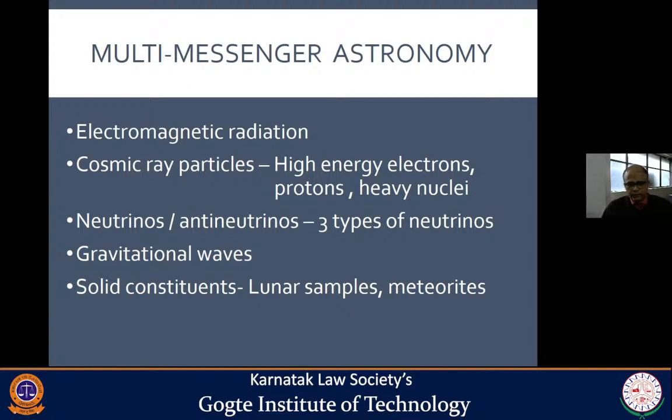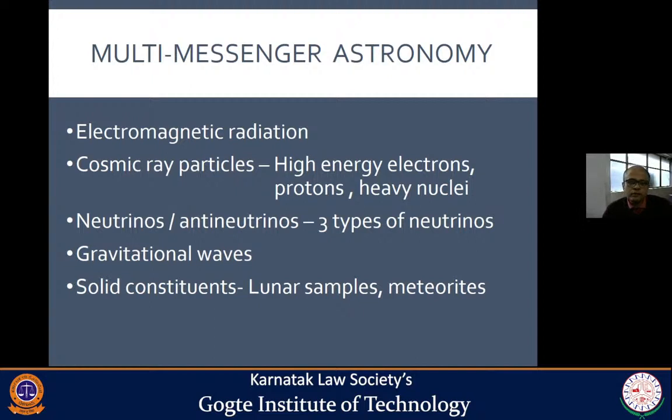Those are elementary particles which are produced in fusion reactions, and the study of neutrinos can give us a good insight into the physics going on in celestial objects. One example is a supernova, where a star explodes during the end stages of its life. These can be studied using neutrinos.